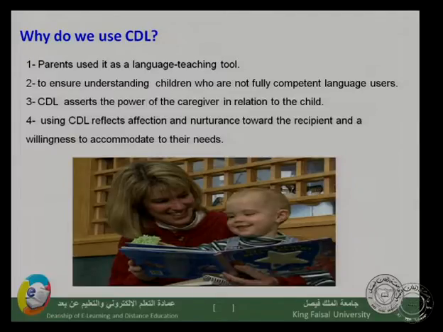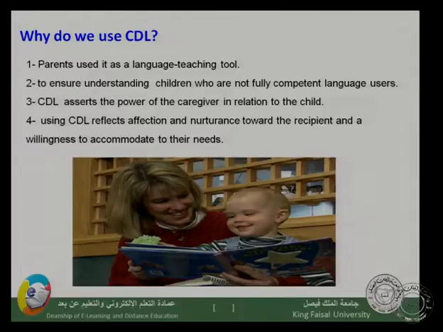Because we assume that a child is incompetent, unable to control his language, not an experienced language user, unable to use language to the best effect, we use CDL to ensure their understanding.